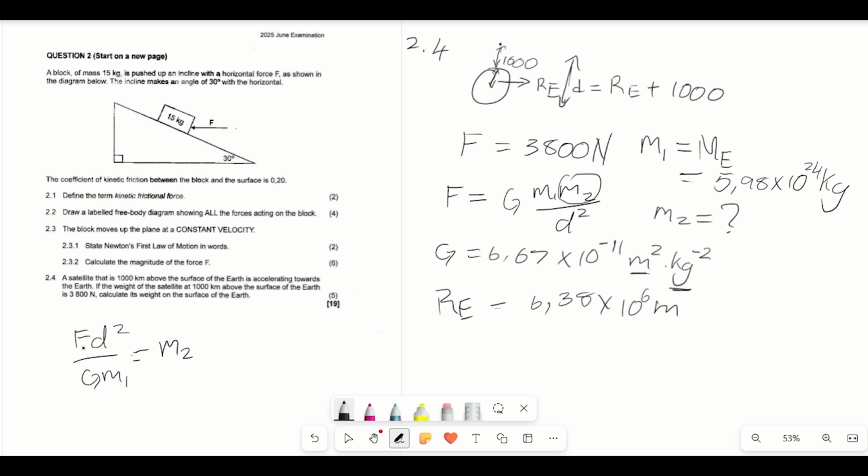So let's punch in everything into our calculator, because we got F, we have D squared, which is RE plus 1,000, and then we just have to square it, and then G, we have that, M1, we have that there. So let's punch this into our calculator.